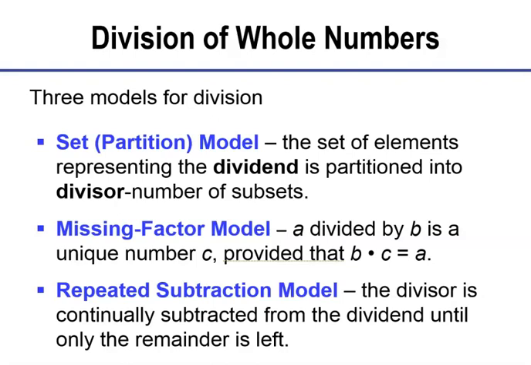And then you have the repeated subtraction model. The divisor is continually subtracted from the dividend until only the remainder is left. And the repeated subtraction model is really what gives us our current standard model for long division. So we're going to take a look at that in detail as well.